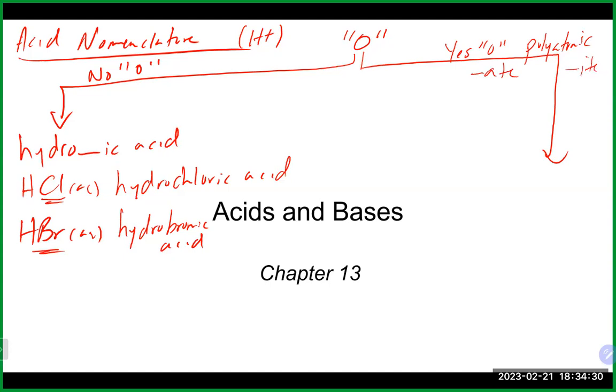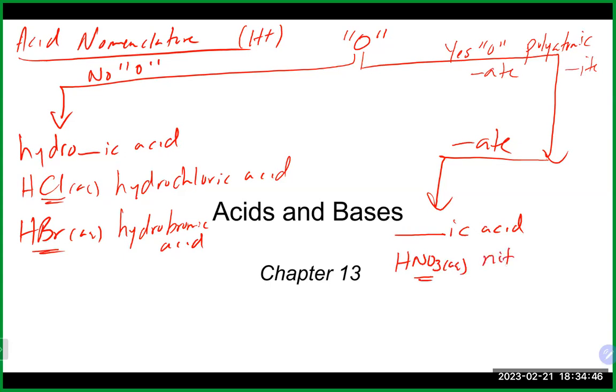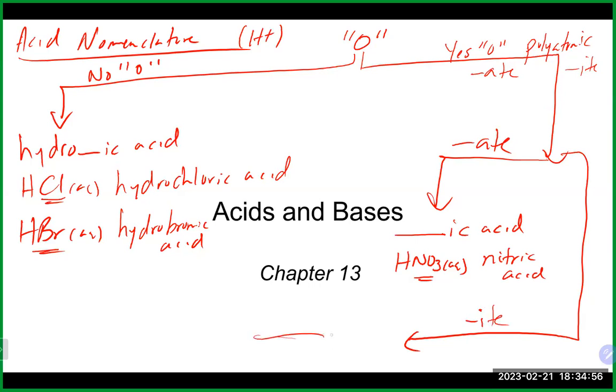And depending on whichever way your polyatomic ion ends, if it is ate, your acid will be something-ic acid, like HNO3. That is nitrate. So this becomes nitric acid, right? And if your polyatomic ion ends in ite, your acid will be something-OUS acid, something like HNO2.